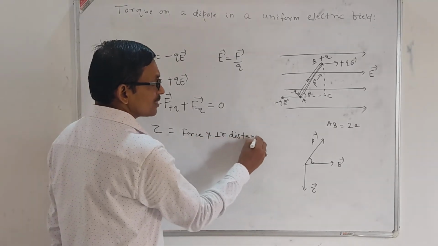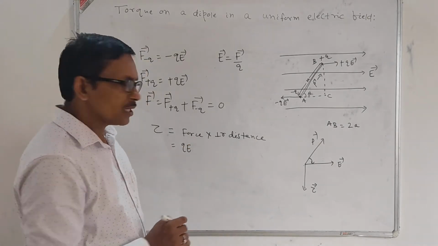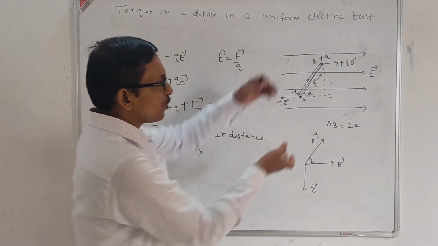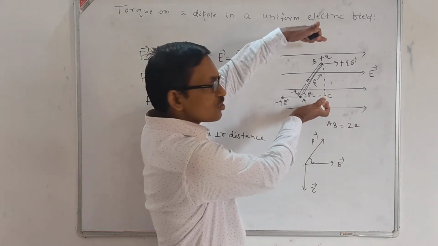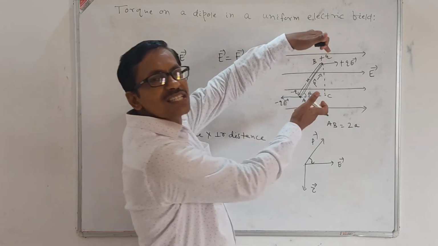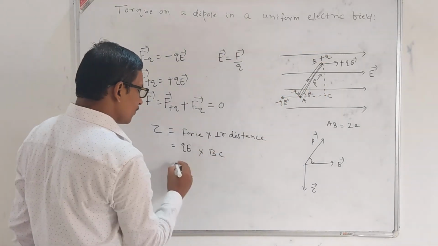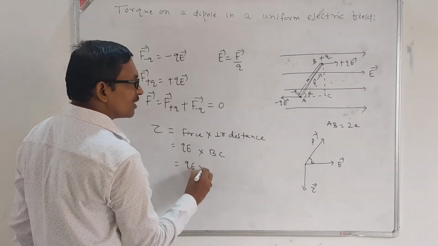So what are the two forces? So you can write qE, it is either force, into the perpendicular distance between the line of action of the two forces. It is represented here by BC. BC is the perpendicular distance. So into BC, what is the value of BC?